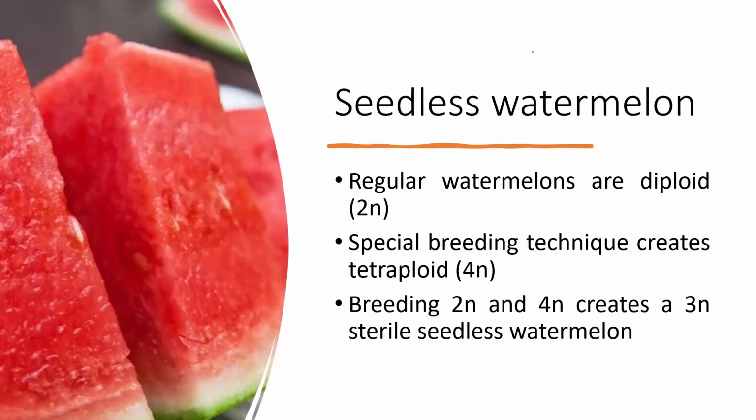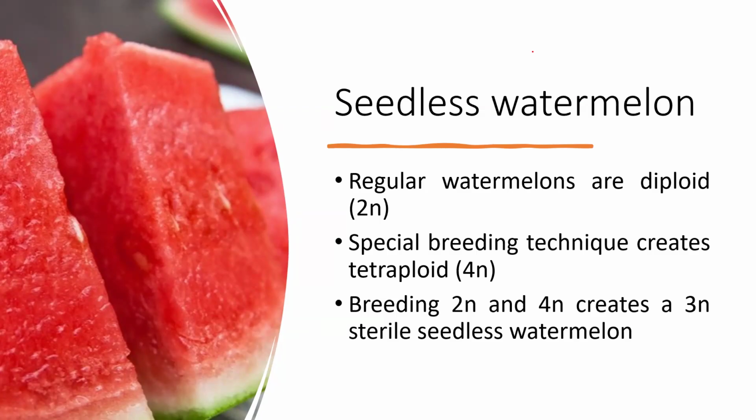Now, one of the questions that bothered me earlier on was how did they make seedless watermelon? To have a plant, you need a seed. So if the watermelon has no seed, how are you going to grow the seedless watermelon? It turns out regular watermelons are diploid, so 2N.